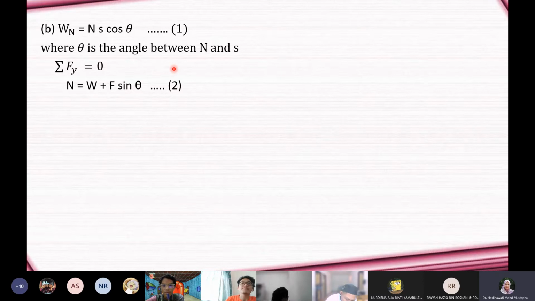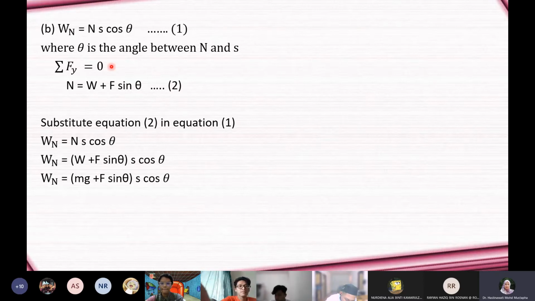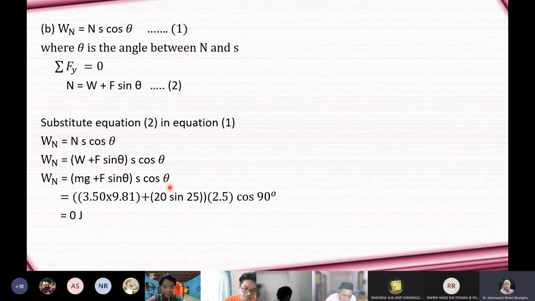Okay, because W tu adalah N s cos theta. So you substitute W ni dengan mg. Okay, tambah F sin theta, s cos theta. So you akan dapat Wn is equal to 0.